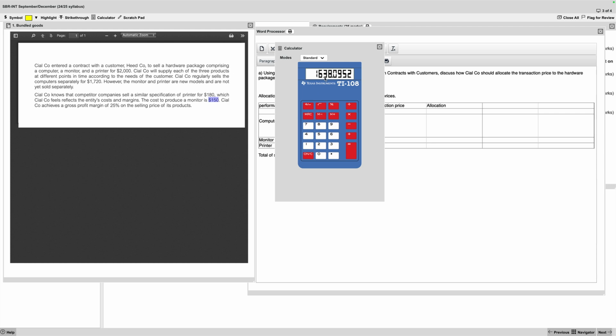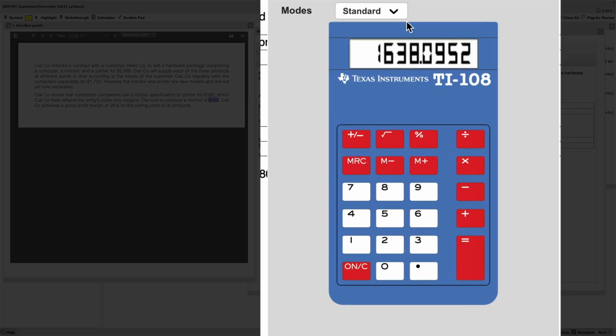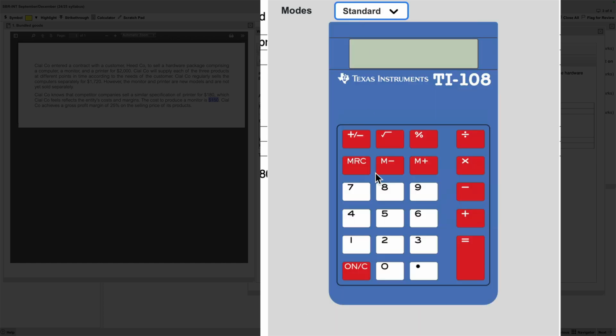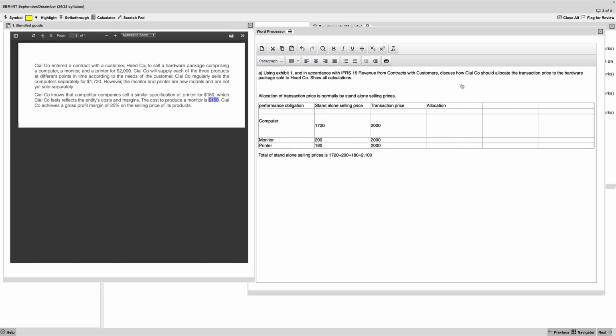You can change that look between standard and scientific. Just the standard for this one. 1720. It is quite fiddly, I find personally. So it's easy to make a mistake. So I don't really like using it. I'd rather write it out. But there you go. That's the 2100.